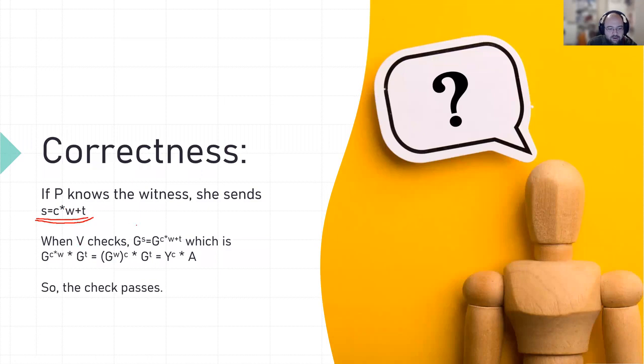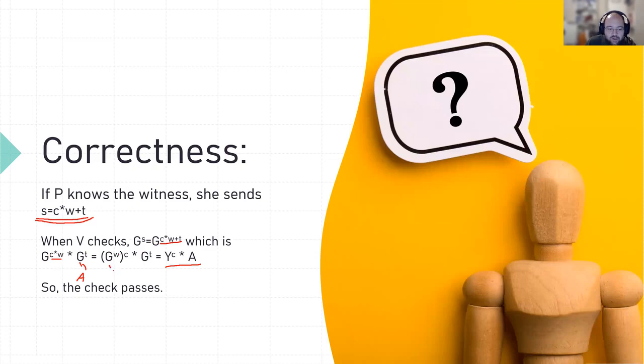So what the verifier does is they check if G to the S is actually Y to the C times A. And it just so happens that this evaluates to the same thing. So G raised to this entire power is actually G to the C times W times G to the T, and G to the T equals A by definition. G to the C times W is G to the W and the lot raised to C.